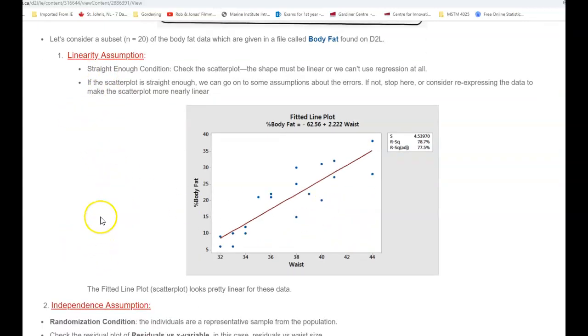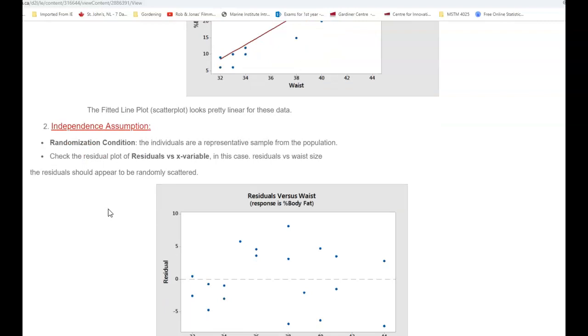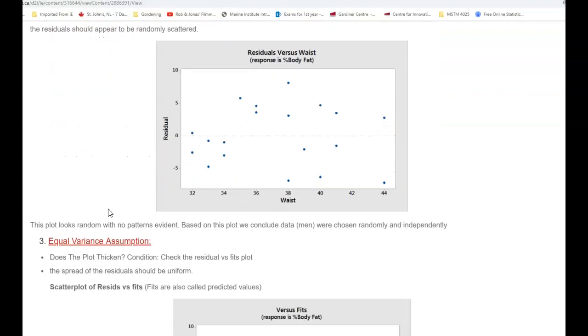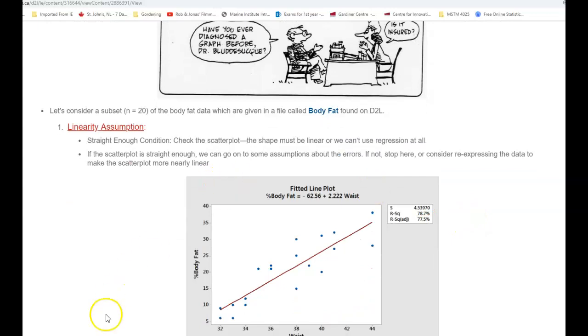In this case, we will talk about the residue analysis. And the last topic, we will talk about the confidence interval or prediction interval for this example. So let's take a look at the Excel.